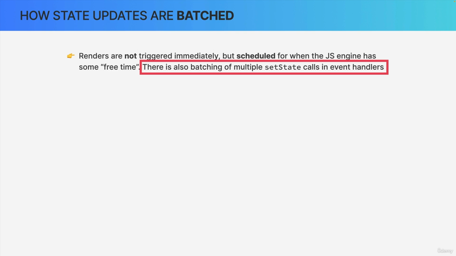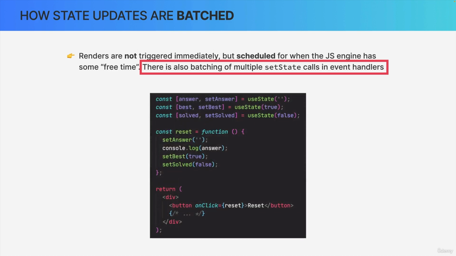Now, as always, the easiest way of explaining difficult concepts is by using a small code example. So here we have 3 pieces of state defined using the useState hook, and we also have a button in the user interface. Then, whenever there is a click on the button, the event handler function named reset is called.